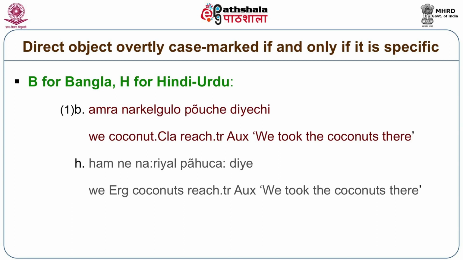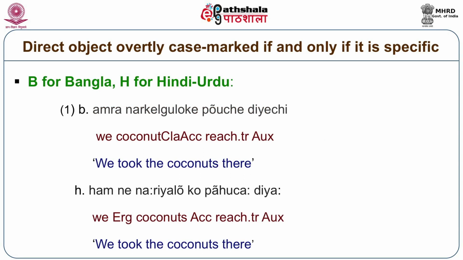In Hindi Urdu, you have an additional contrast. The contrast between हमने नारियल पहुंचा दिए, where नारियल, coconuts, does not carry an overt case marker, and हमने नारियलों को पहुंचा दिया, where नारियलों को carries the case marker को, is not the only formal difference between the two.